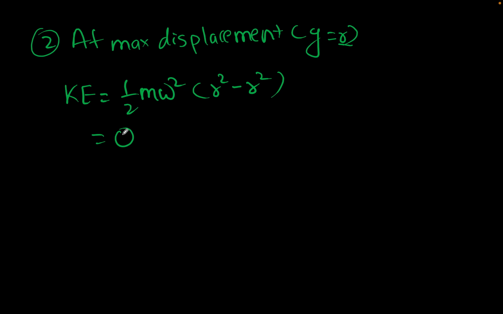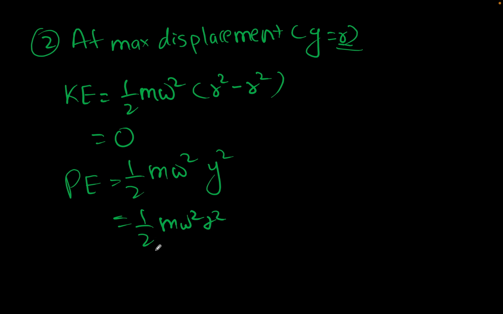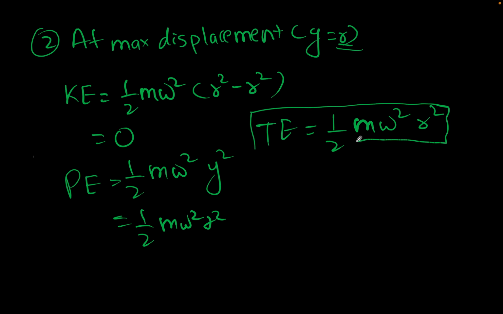So our kinetic energy at maximum displacement is 0, and our potential energy at maximum displacement is going to be half of m omega square y square, and y is again r, so that is half of m omega square r square. So the total energy again is going to be 0 plus half of m omega square r square, so that is half of m omega square r square. So the total energy is the same throughout the system, right?